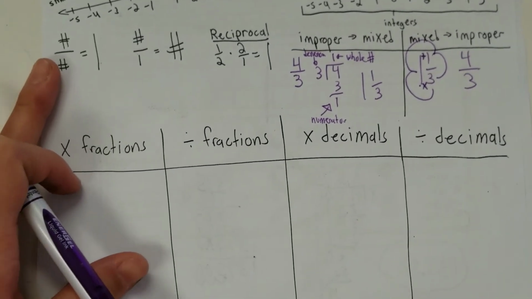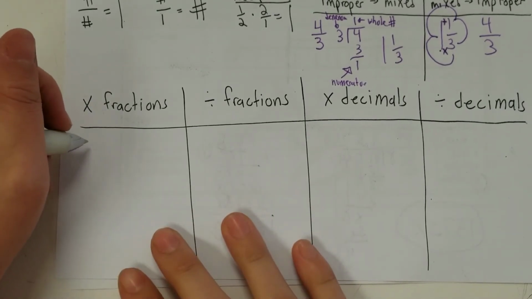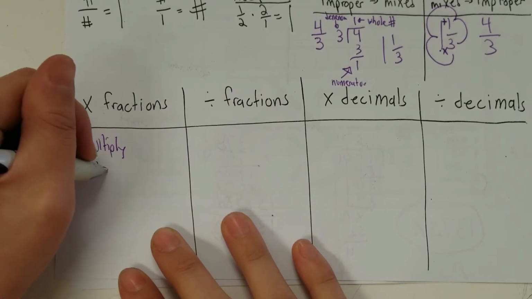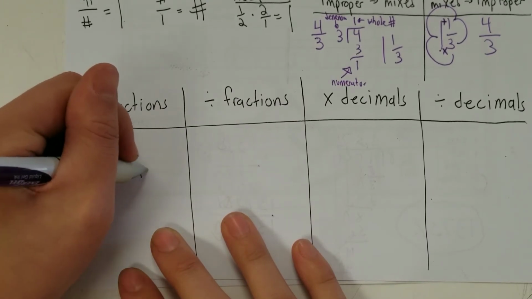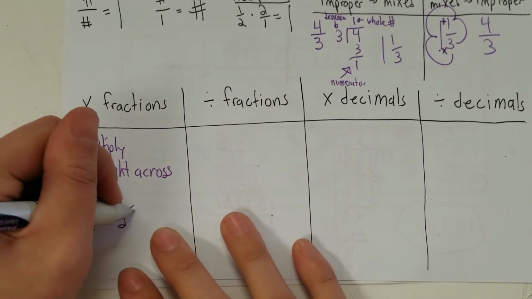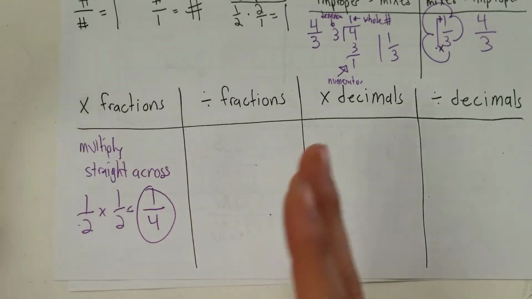Okay, home stretch. When you multiply fractions, you basically just multiply straight across. Like 1 over 2 times 1 over 2. 1 times 1 is 1. 2 times 2 is 4. Done.